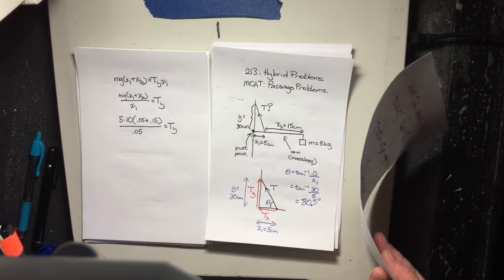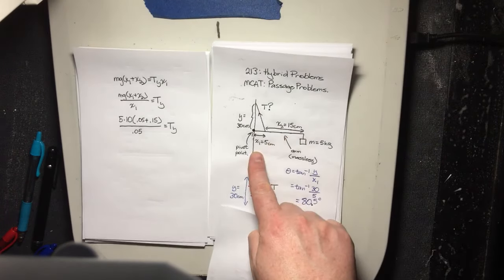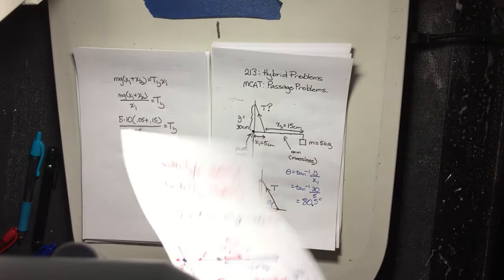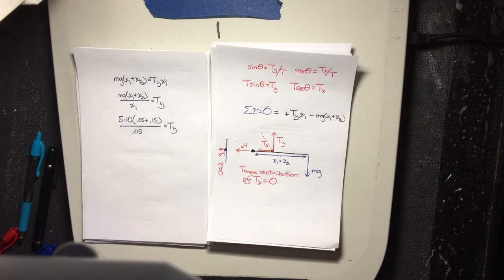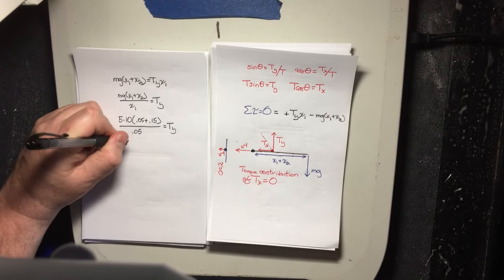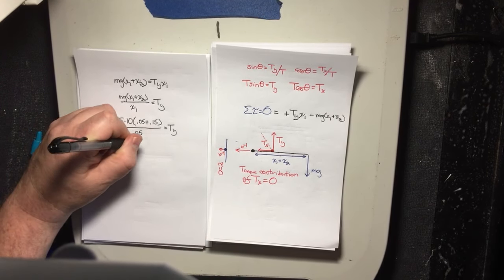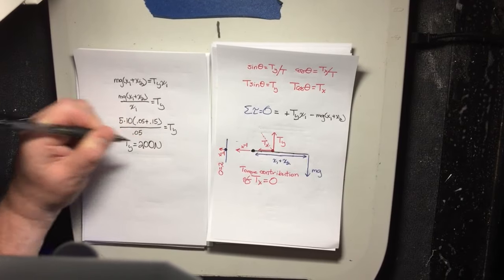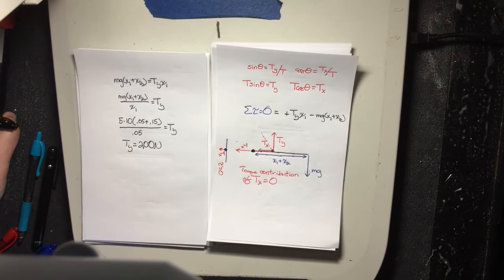Did I say 20? No, X2 was 15, X1 is 5, for a total of 20. Okay. So I get 200 exact. 200 newtons.